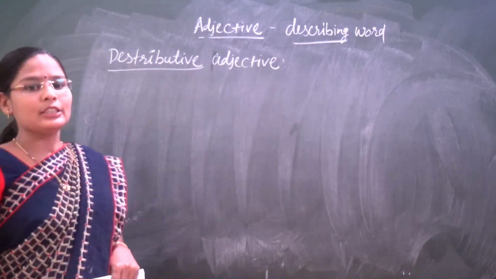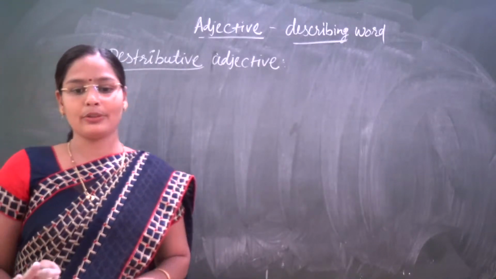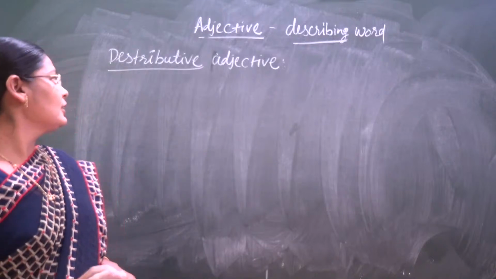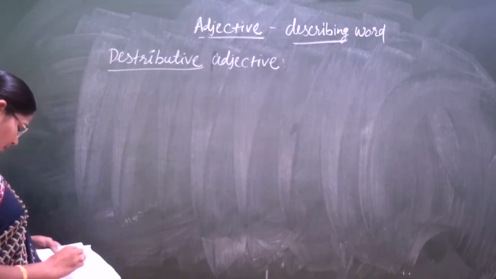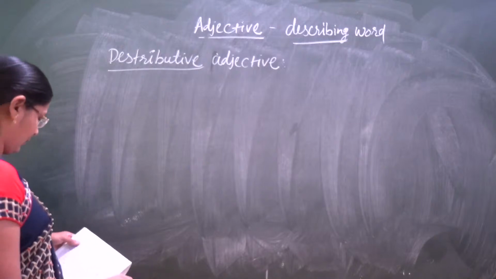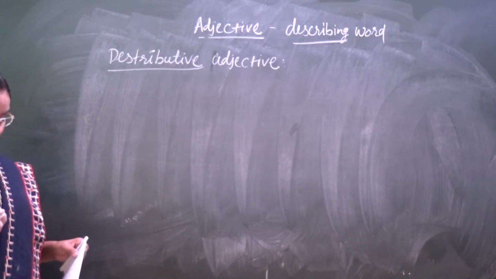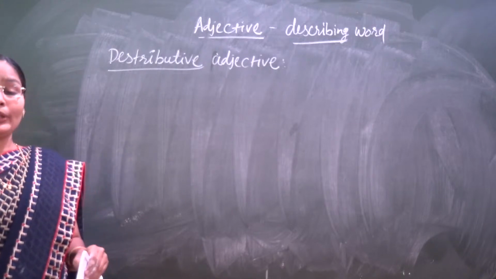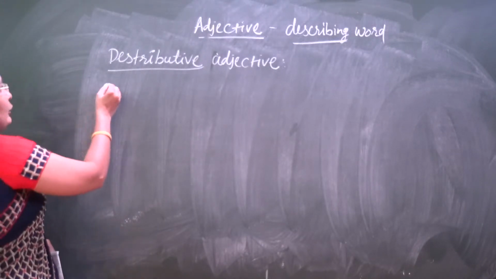Distributive word tells about the distribution. It shows the distribution and points out each one at a time.